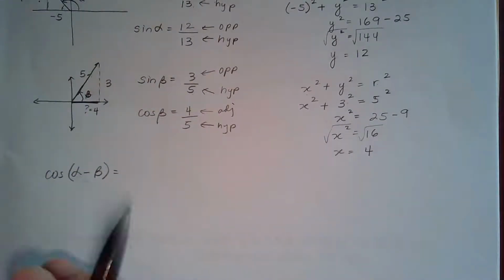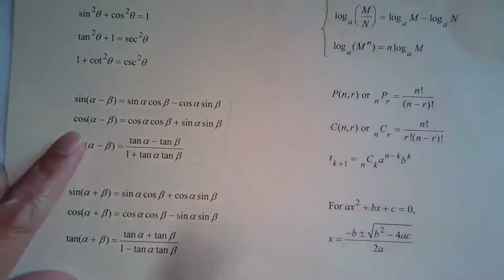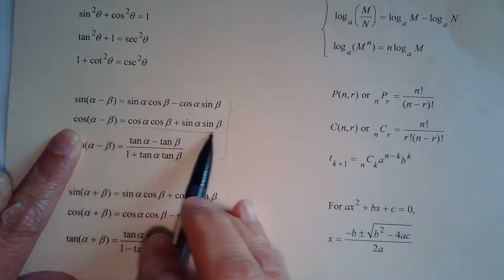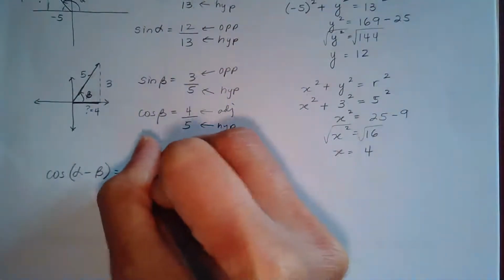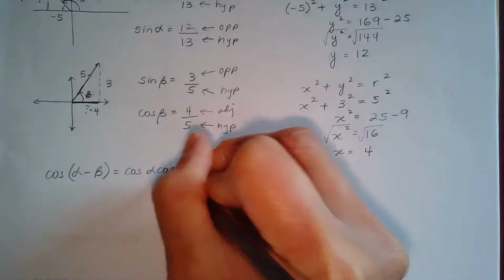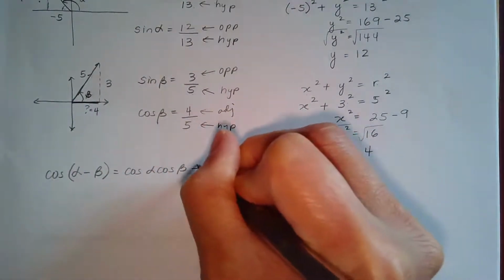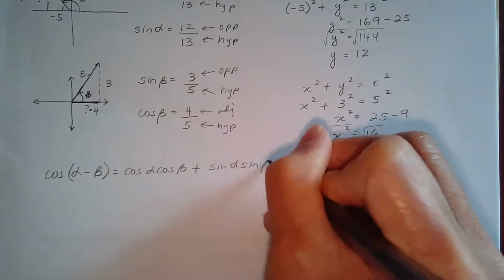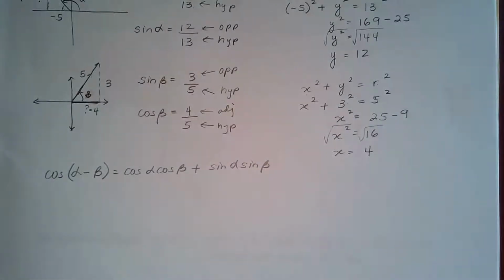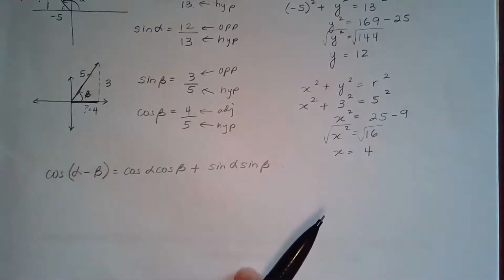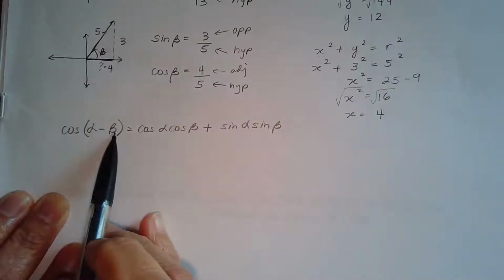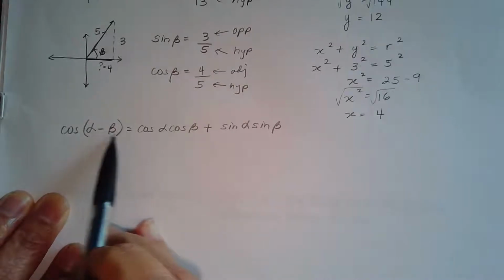Cos of alpha minus beta, we can rewrite it like this: cos alpha cos beta plus sine alpha times sine beta. Okay, let's put in our values. We don't know what alpha and beta are, so we can't really put in any values there.